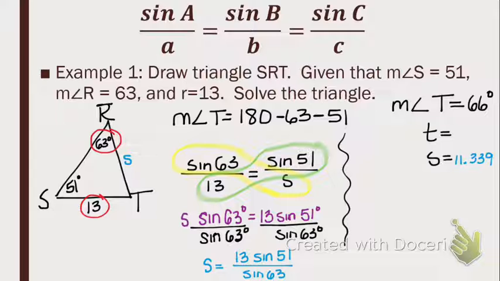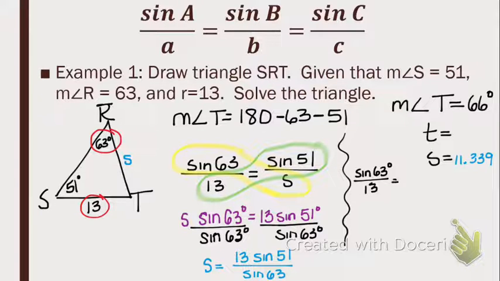Still going to use, I'm going to stick with what I know, even though I have another pair now that I could use. I could use capital S and little s, but I'm going to stick with what I was given. So I'm going to use the sine of 63 over 13.